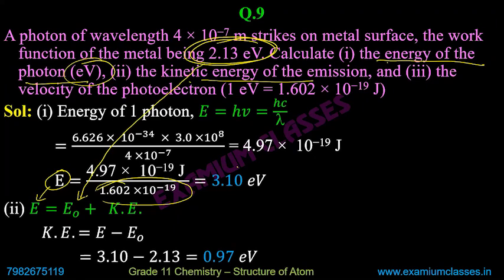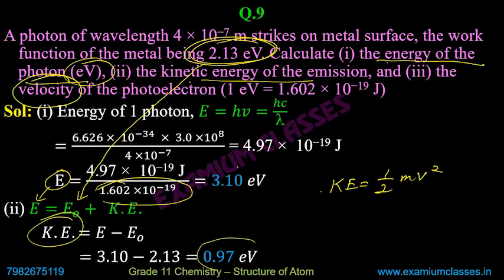Third one, the velocity of the photoelectron. For that, you need to convert this into SI units, because kinetic energy equals half mv square, and we need this velocity. We have calculated the kinetic energy, but we can't substitute it in this formula directly, because the mass will be in kilograms and velocity in meter per second, which are SI units.